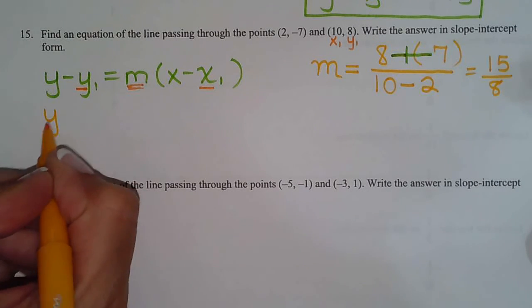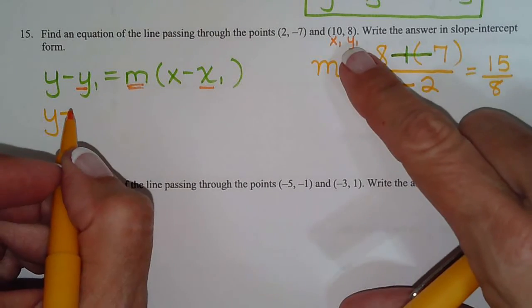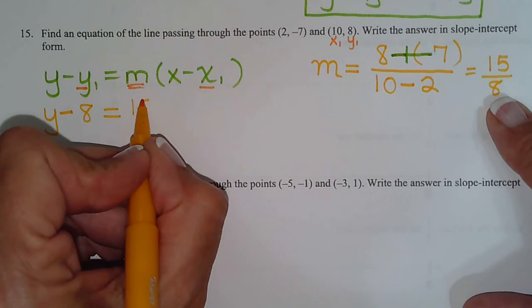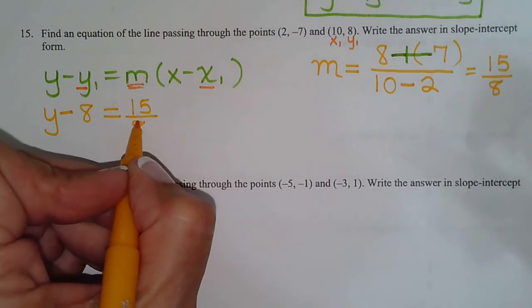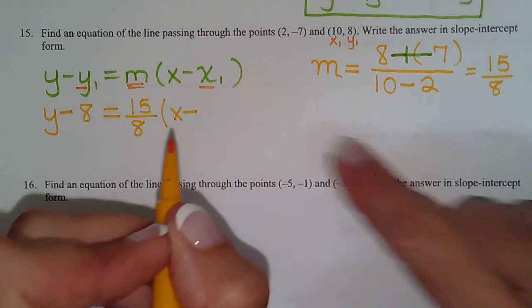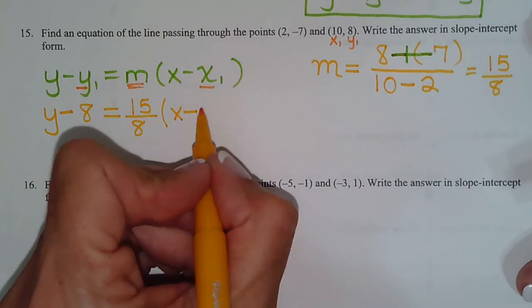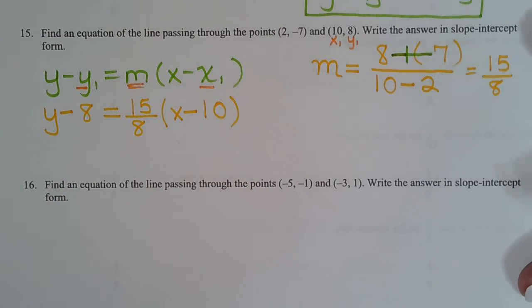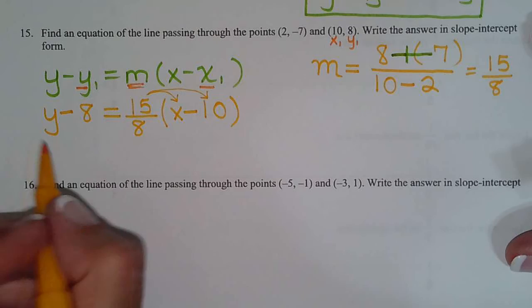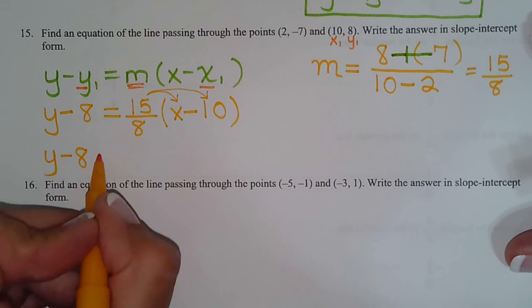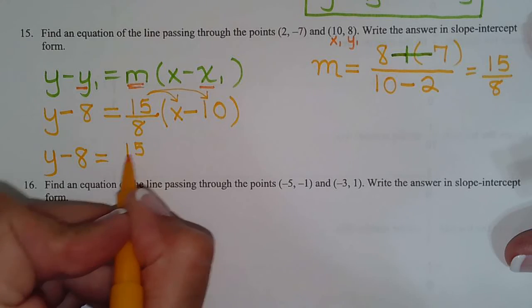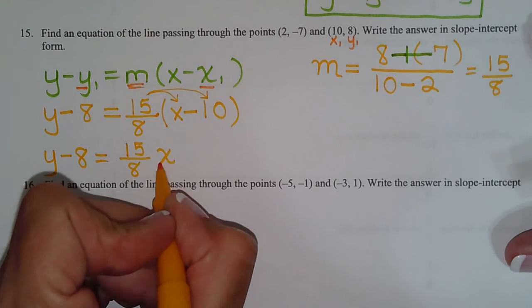So y minus y sub 1 is 8 equals m, 15/8, times x minus x sub 1 is 10. So let's go ahead and y minus 8 equals 15/8 times x is 15/8 x.